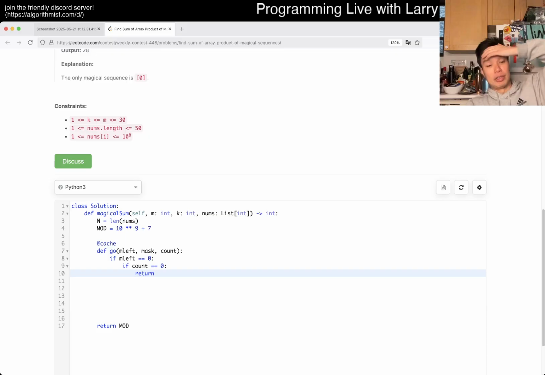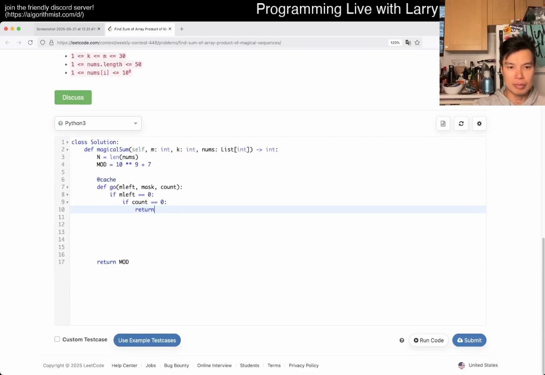I don't even know how to return in this case if it was DP. What does that even look like? Maybe 1? I don't know, but otherwise we return 0, right? Maybe?